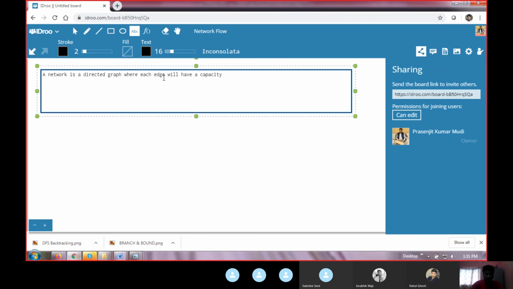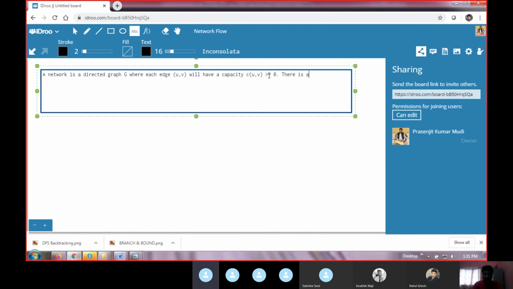We normally denote the capacity of an edge by c(u, v). The edge is denoted by (u, v), where u, v are vertices of that graph G, of any directed graph G. So c(u, v) will have a capacity greater than or equal to 0.